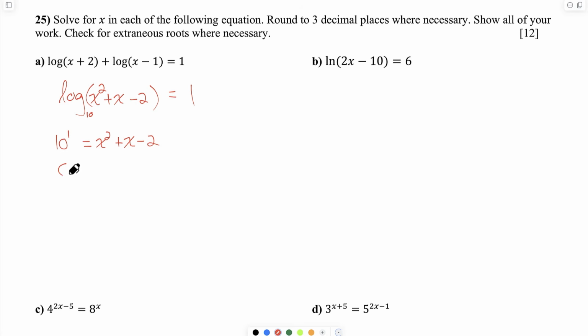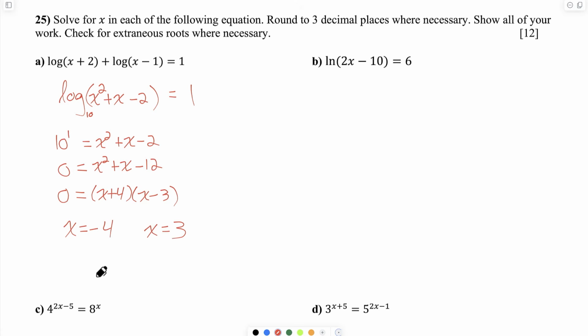And now I just have a quadratic to solve, so I set it to 0 by moving the 10 over. And this quadratic, we could solve it using the quadratic formula, or this one's factorable. The numbers that multiply to negative 12 and add to 1 are 4 and negative 3. The solutions to this equation are negative 4 and 3.